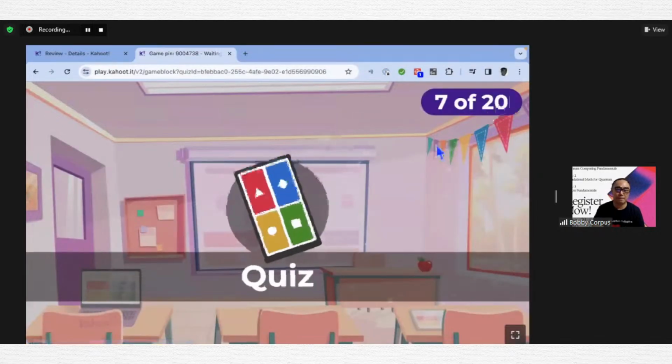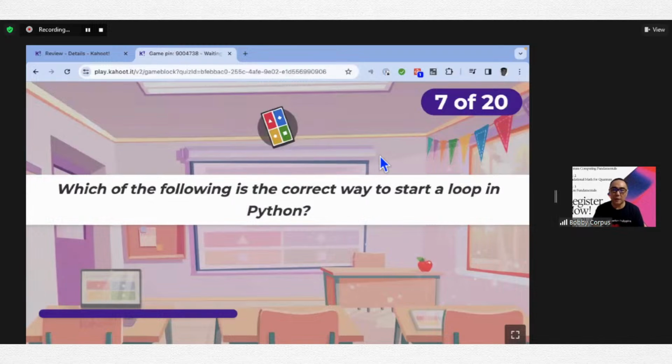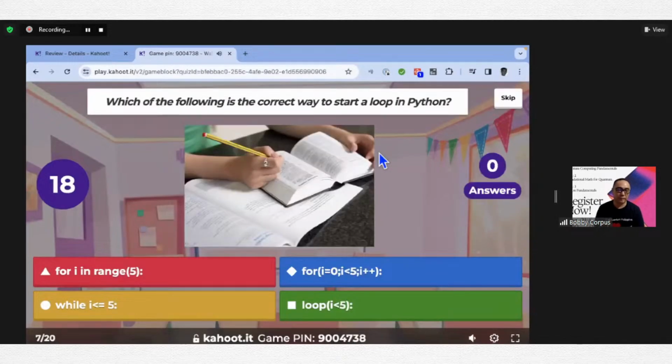Okay. Which of the following is the correct way to start a loop in Python? So we have a for i. Meron dito isang for, tapos may while, tapos may loop.